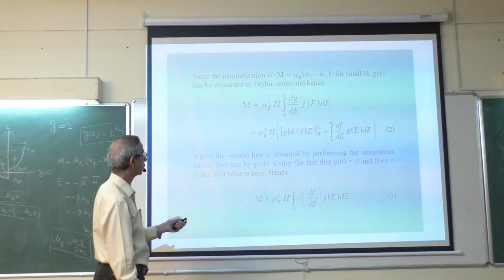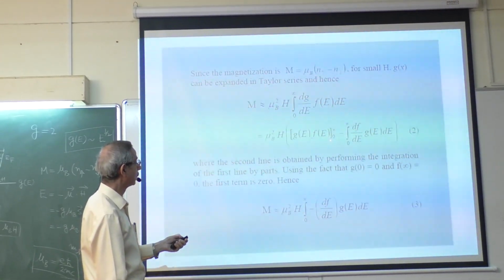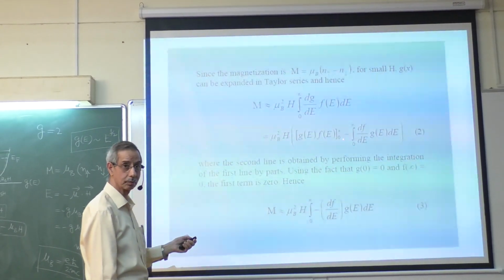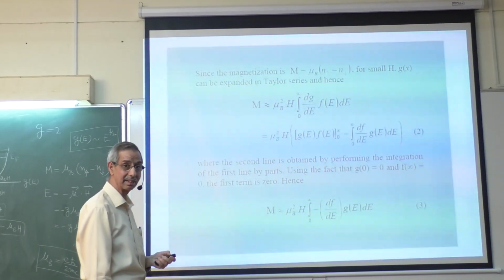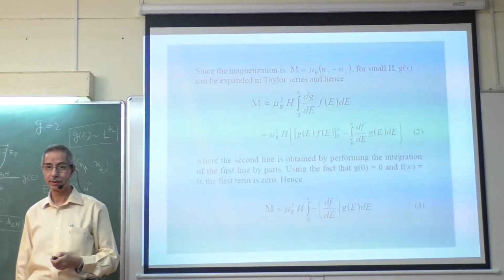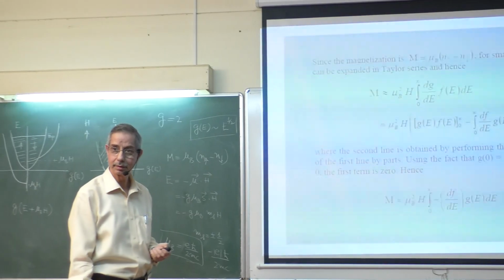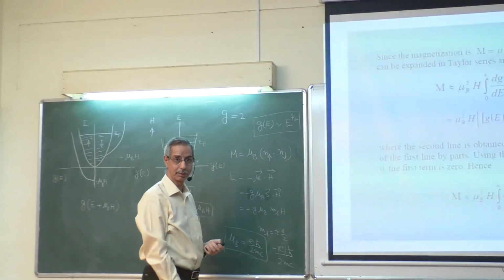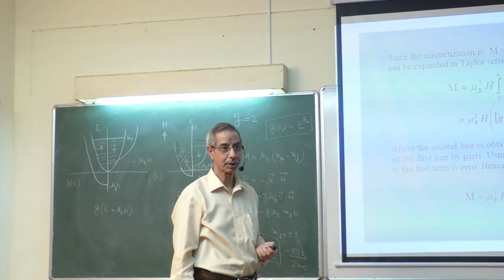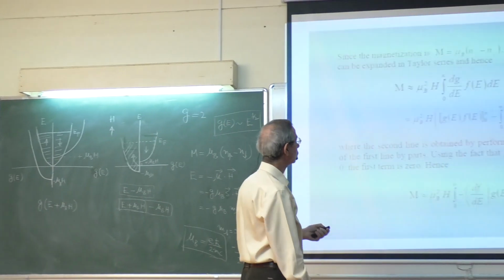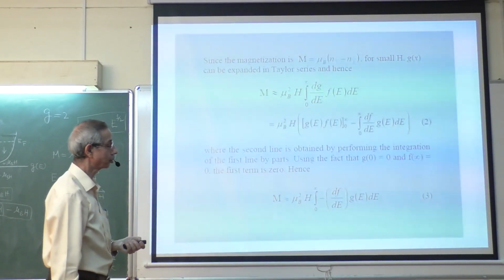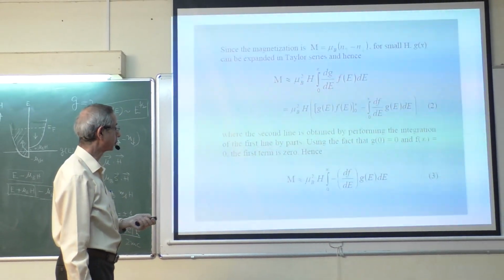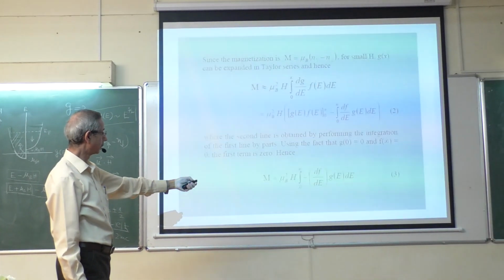So this term is 0 there. When E is 0, G(E) is 0, the density of states is 0. So the first term here would contribute 0, and we are left with only the second term, which is this.